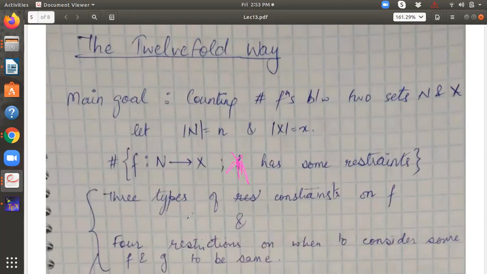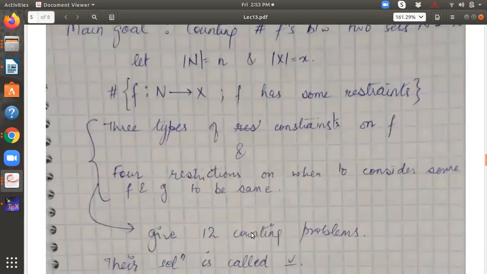We want an equivalence relation on the class F1 of functions. So along with this constraint and with this constraint, in total, how many equivalence classes are there in which all these functions from N to X can be classified? 12. 3 types coming from here, 4 types coming from here. Both of these are mutually independent, so you have 3 times 4, which is 12. So this gives a total of 12 counting problems.